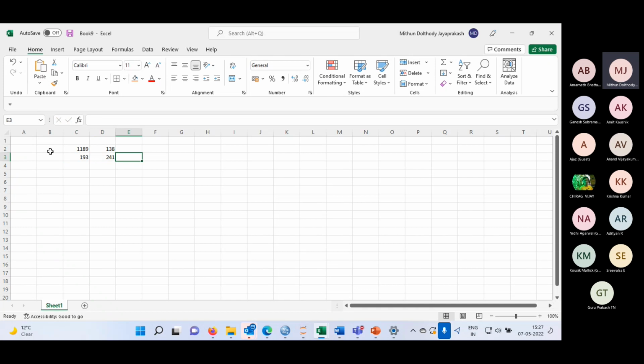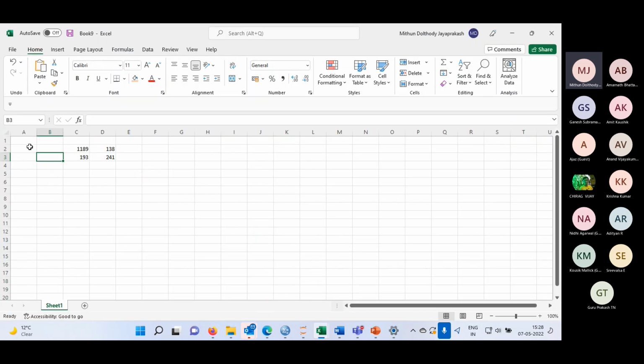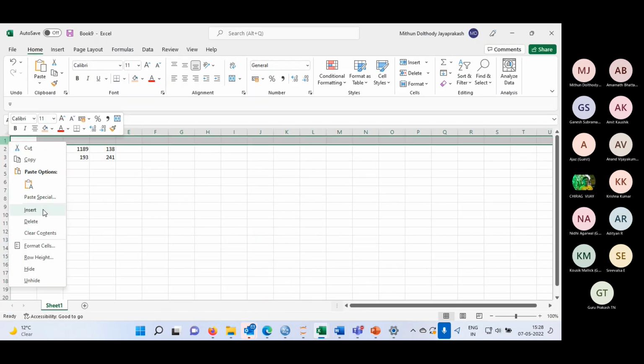Correct. Along the row, what is the heading? True 0 and true 1. Along the column, we have predicted 0 and predicted 1. What you have along the column is nothing but your predictions.